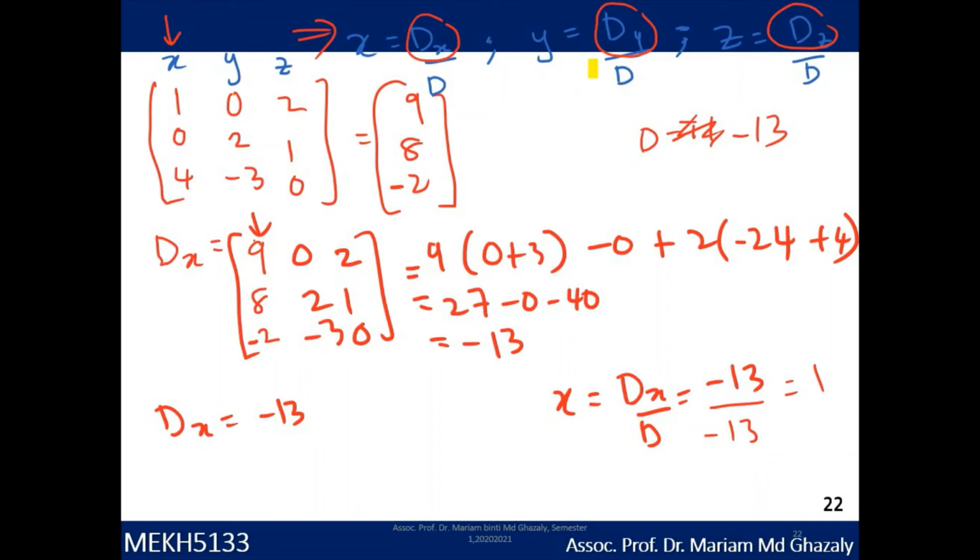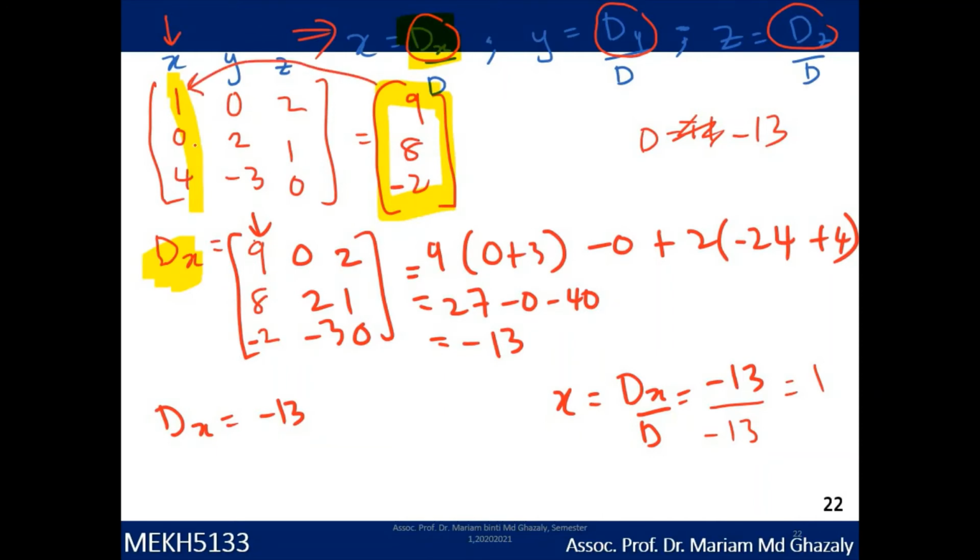So if you see here, you want to find what this dx is. So dx is given by this equation. How do you actually fill up this equation? If you want to find dx, you need to look at this x. So what you do is substitute this value, 9, 8, minus 2, into this part.